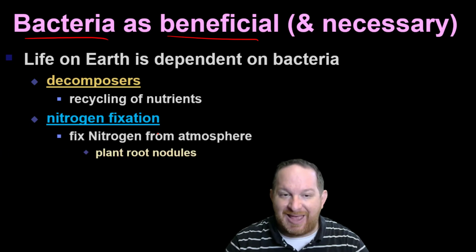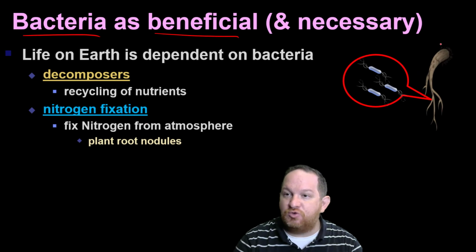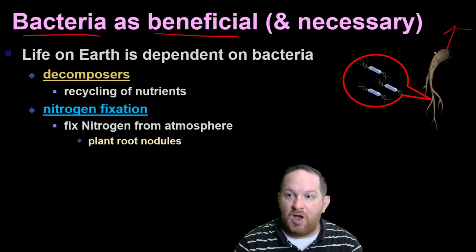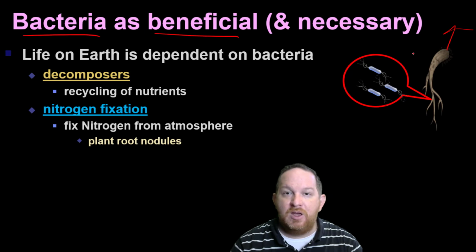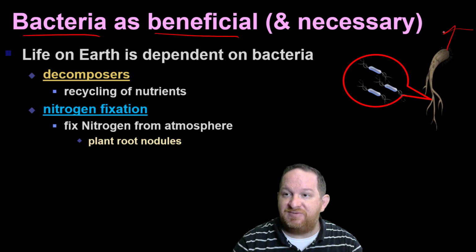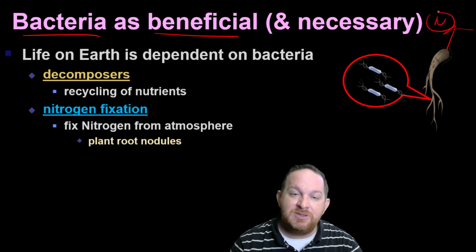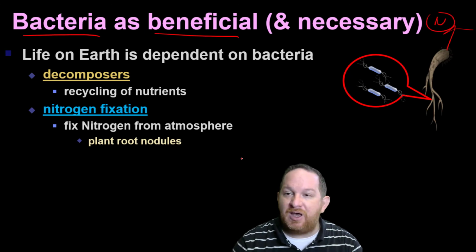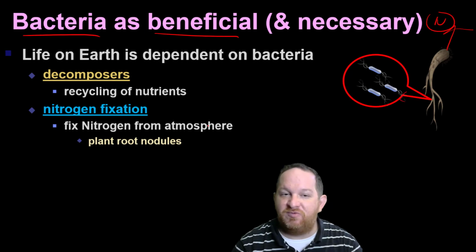So if you think about plants, plants grow, but they need nitrogen to grow, right? You think about all the organic compounds in your body that contain nitrogen. Well, we need some nitrogen. But the nitrogen in the air is a form of nitrogen that the plant can't use. It's an unusable form.